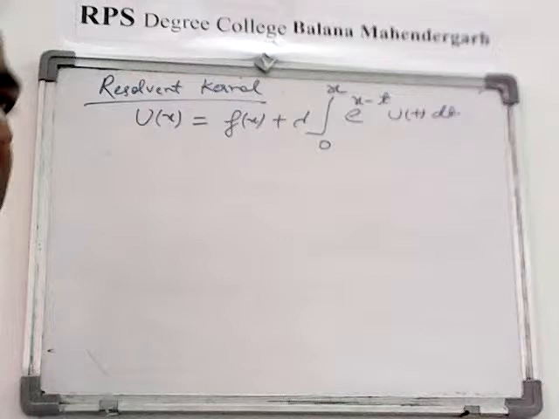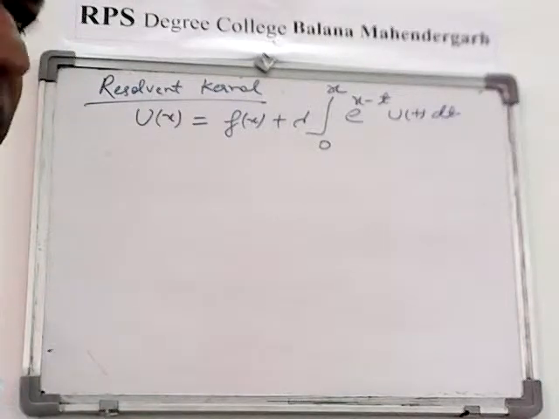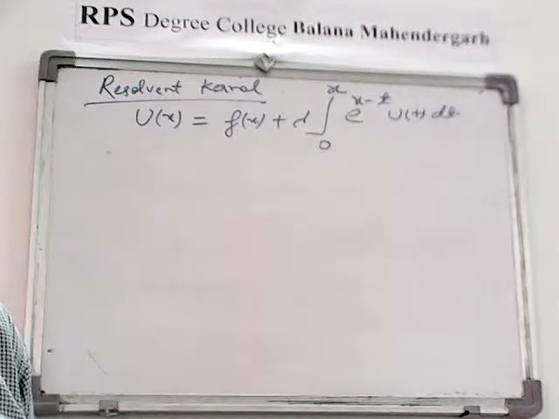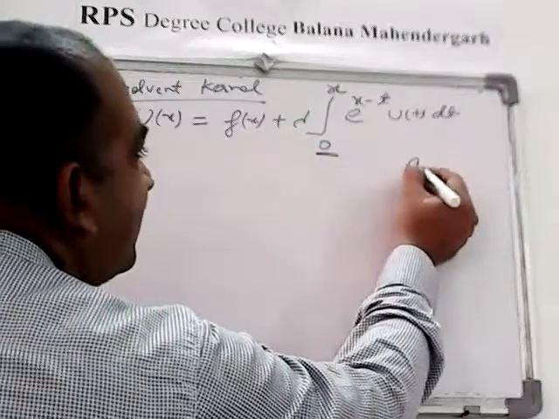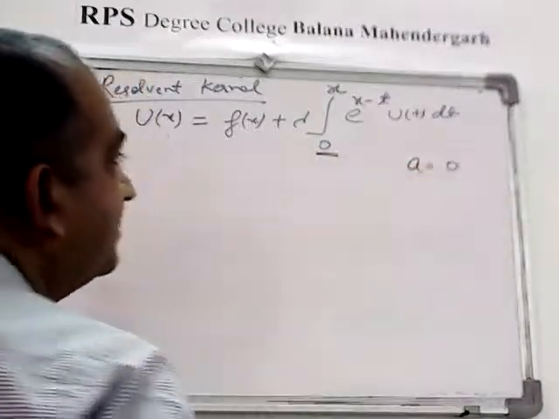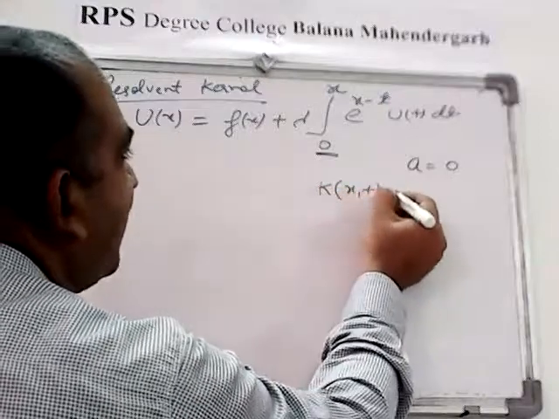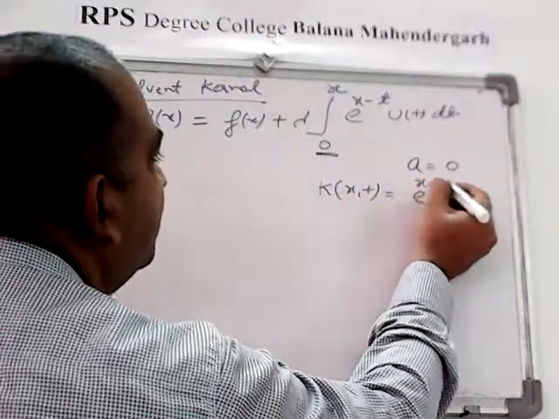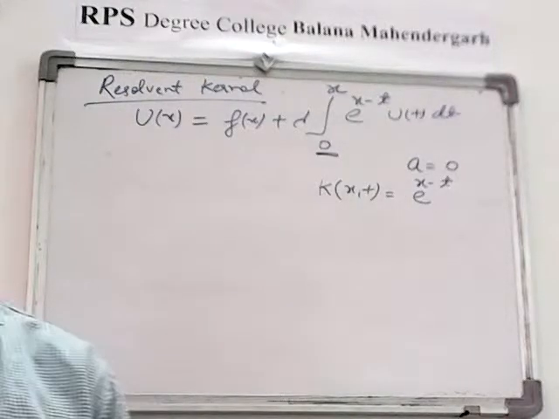As this equation is a Volterra integral equation, non-homogeneous as well as of the second kind, from this equation the lower limit a is equal to 0 and the kernel K(x, t) is equal to e^(x-t). The kernel is known to us.